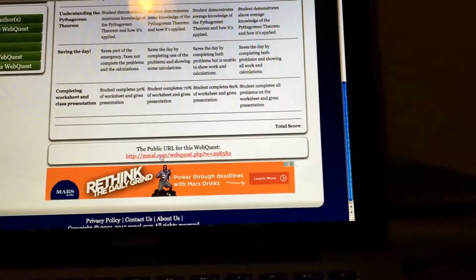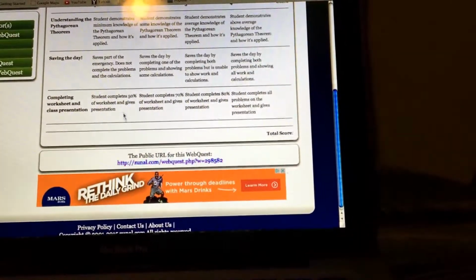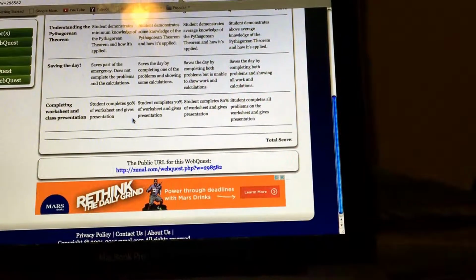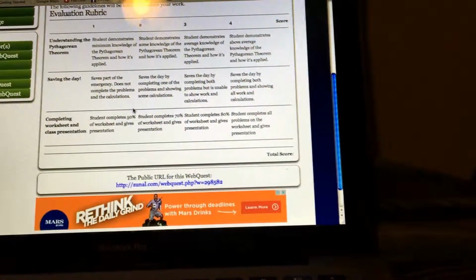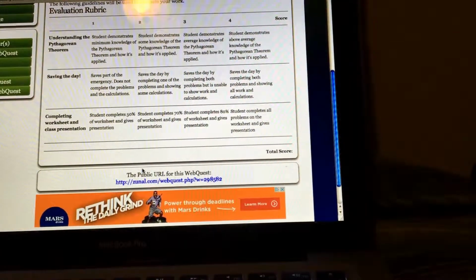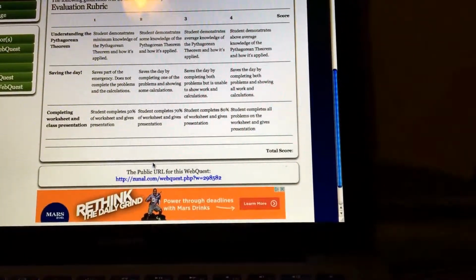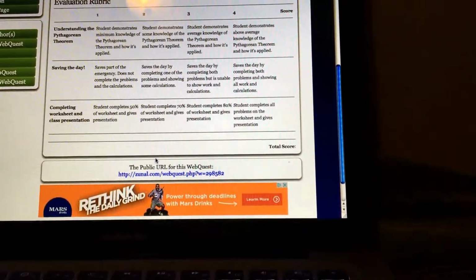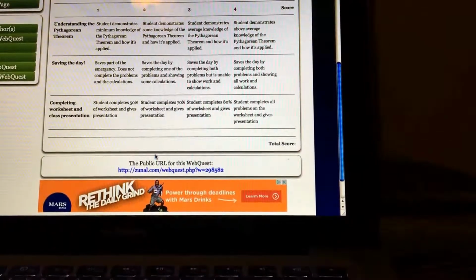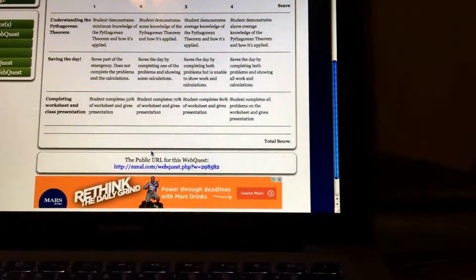Now, completing the worksheet. If you complete 50% of the worksheet and give a presentation, you'll get a 1. Completing 70% of your worksheet and giving a presentation will give you a 2.